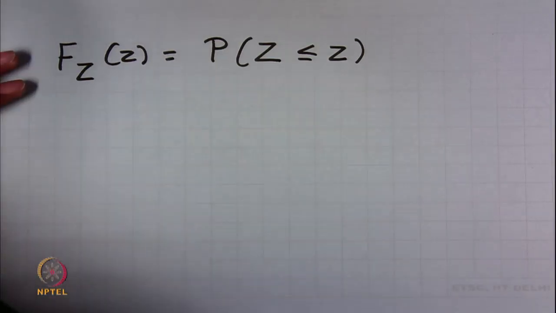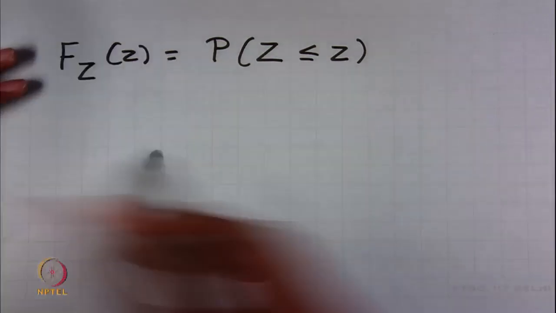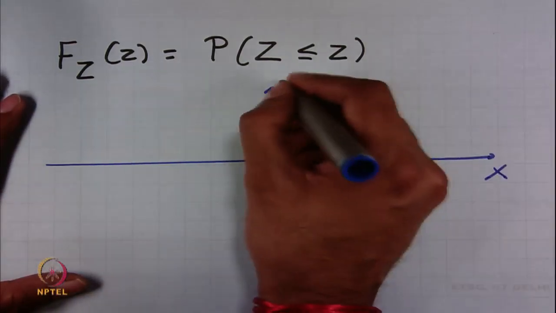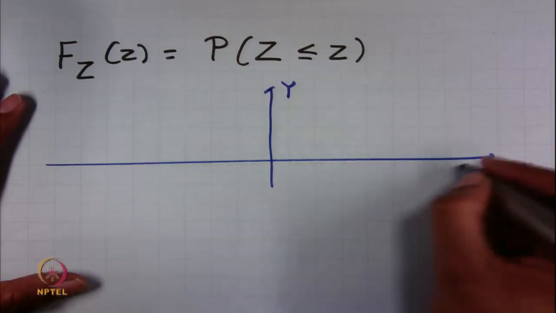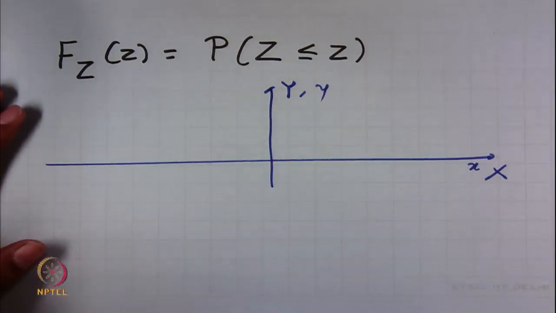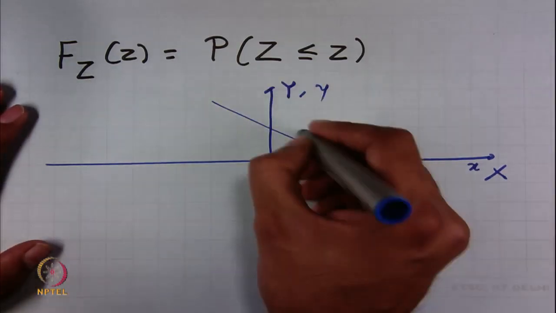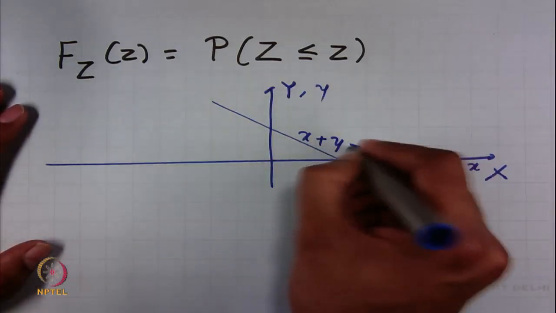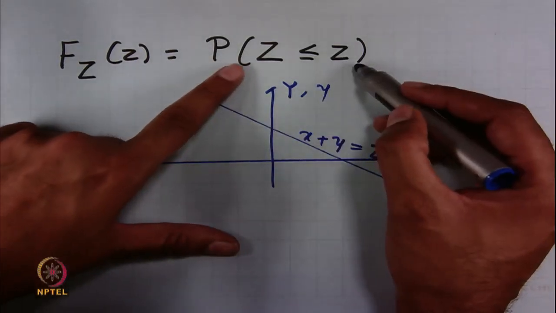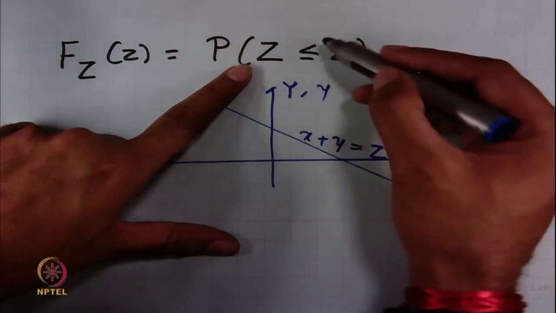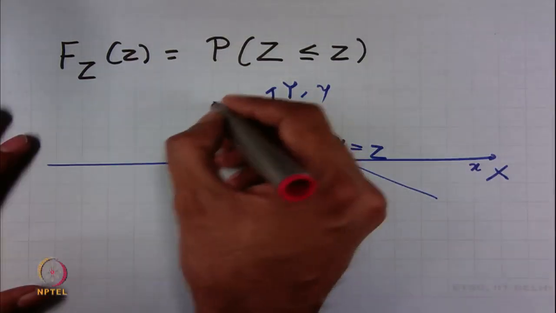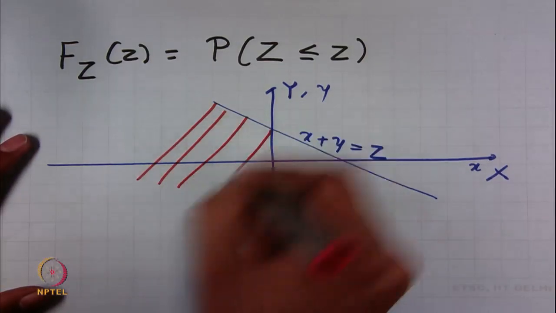Let me draw that line again. So, we had two random variables, we are plotting their numerical values. We said that I can draw a line x plus y equals z. If I am interested in this quantity, with what probability z takes a value less than or equal to z, actually I am interested in all points that lie left of this line.